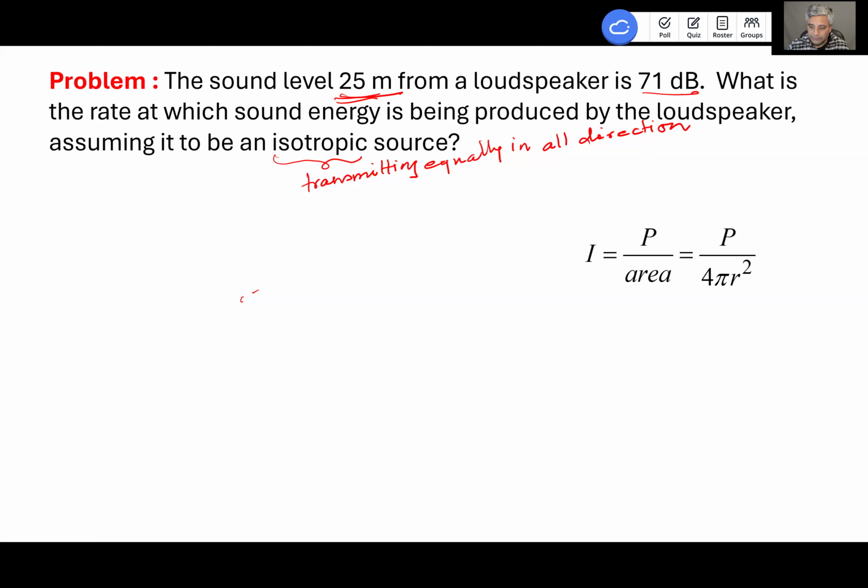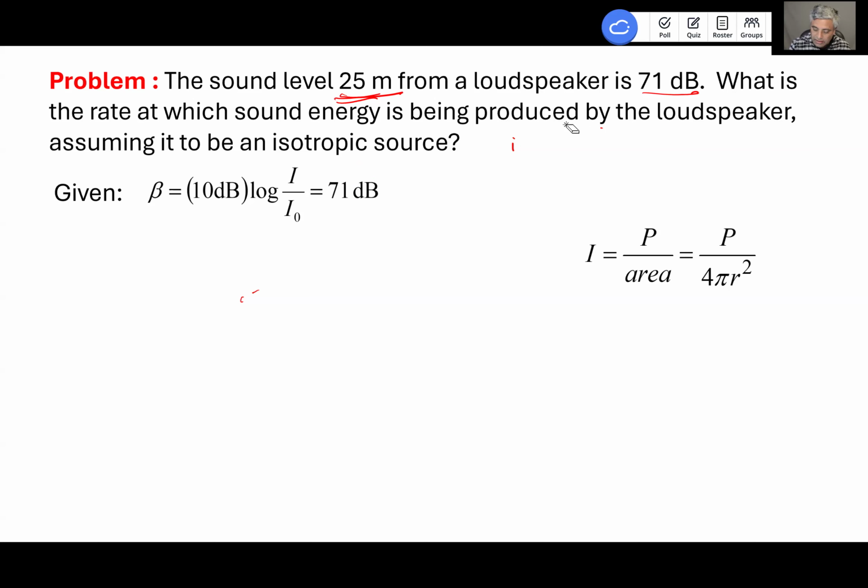But we know distance is related to intensity, which is related to this value. So that's why we need to start from this equation here, because this beta is given, which is 71 decibel.